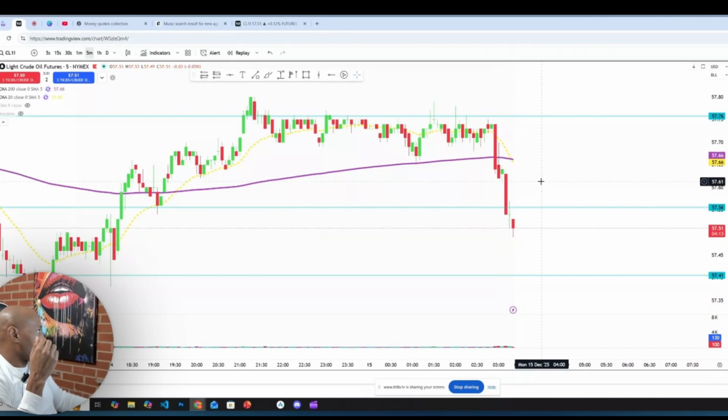So if price is too far, especially if it drops or rises violently away from the 200 EMA, there could be a good chance that if you see a rejection at a support or resistance level, the price is probably going to bounce back towards it.